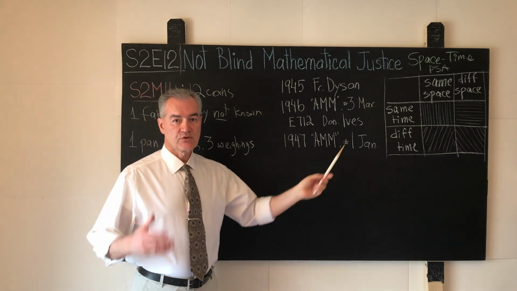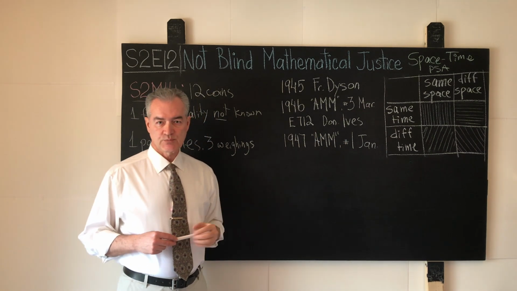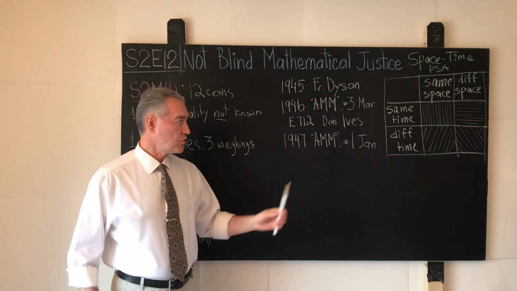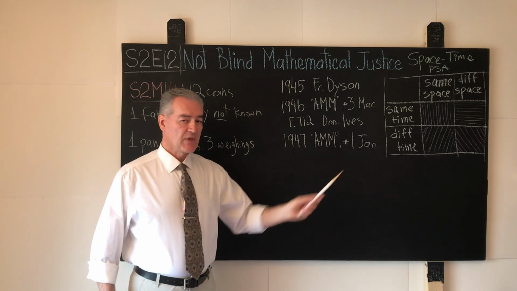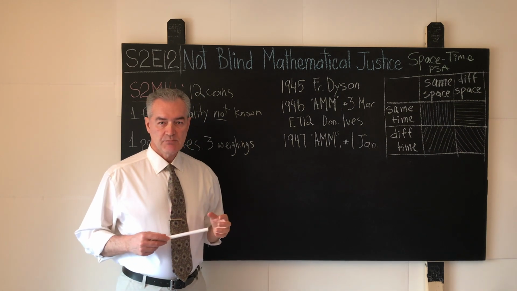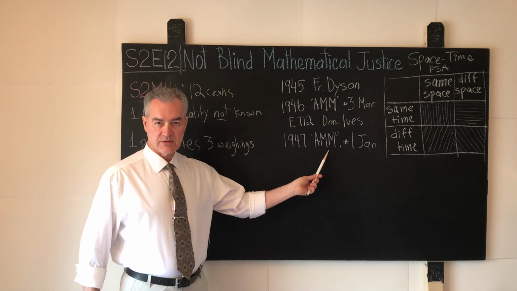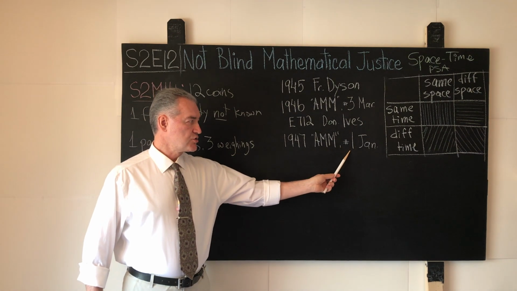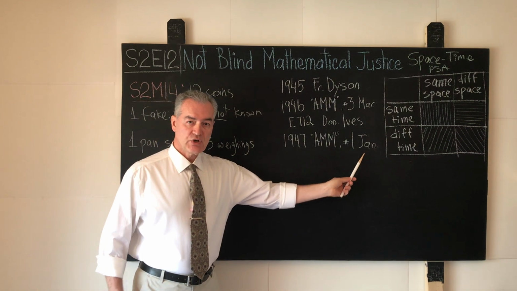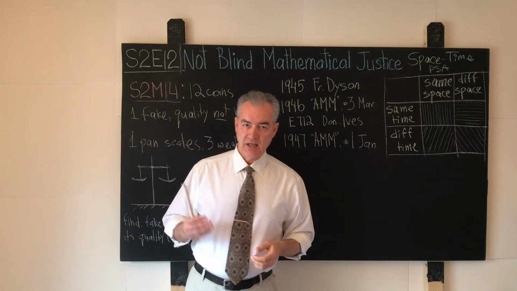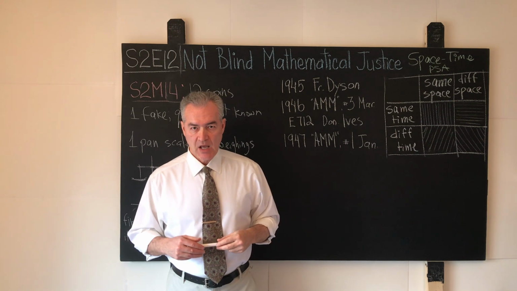And again, to the best of our knowledge, the problem was put together independently of Freeman Dyson by the gentleman called Donald Ives. And about 8 months later, in 1947, in the same publication, American Mathematical Monthly, in the issue number 1 in January, 2 types of solutions, adaptive and non-adaptive, were published.